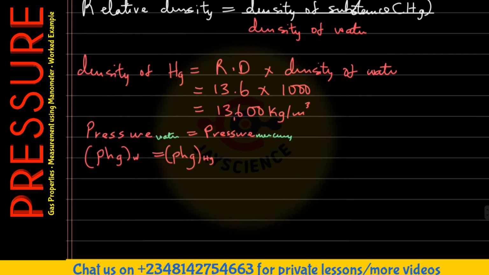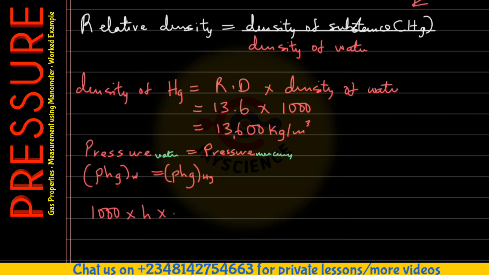Now let's expand this. The density of water is 1000 kilograms per meter cube, as we said earlier, multiplied by the height of the water, because that is very key to getting our answer, multiplied by g, the acceleration due to gravity. That would be equal to the density of mercury that we got here, 13,600, multiplied by 70.